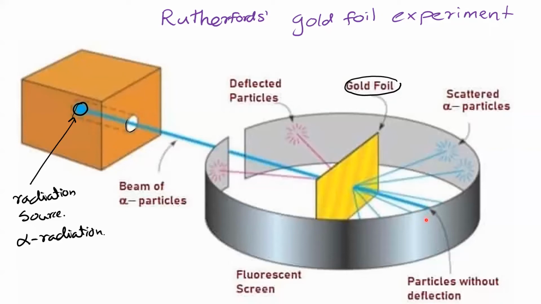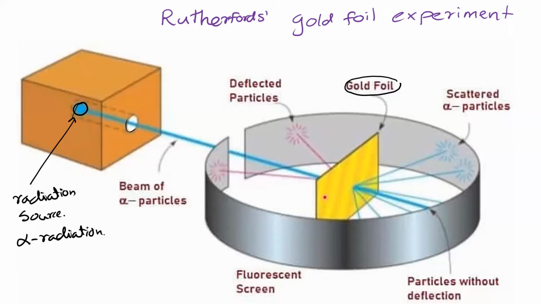And since this screen is fluorescent, he can see where the particle hit. So the particle, even though it was a particle, was able to go through this gold leaf because it was very thin. The gold foil was very thin. So it's like it can break through this gold foil and go in.